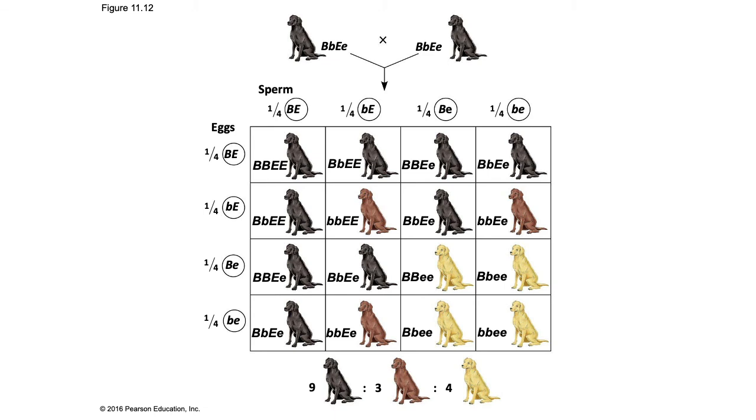That is because the gene that determines whether or not pigment will be deposited in the hair is affecting the expression of the gene that controls pigment color. The four offspring possibilities in the bottom right side of the table are all homozygous recessive for the gene that determines whether or not pigment will be deposited in the hair.